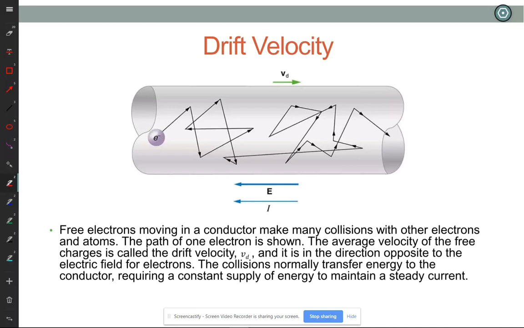Now, the electrons themselves are moving fast, but they're basically bouncing around all over the place. And on average, when you put an electric field on the wire, they will start drifting, so they're slowly moving over. And so that drift speed is very slow.